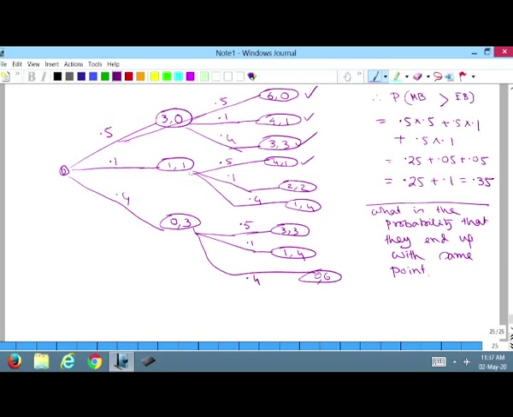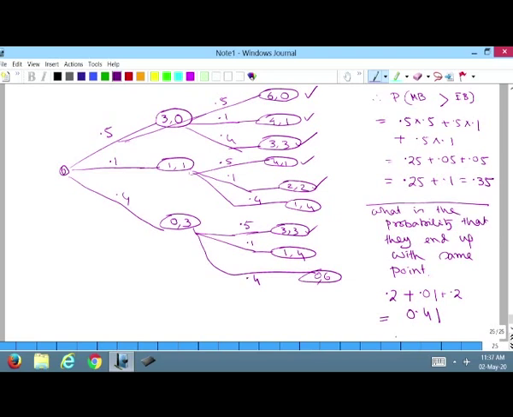So, this is 3 which is 0.2, plus this is 2 which is 0.01, and this is 3 which is 0.2, which is equal to 0.41.